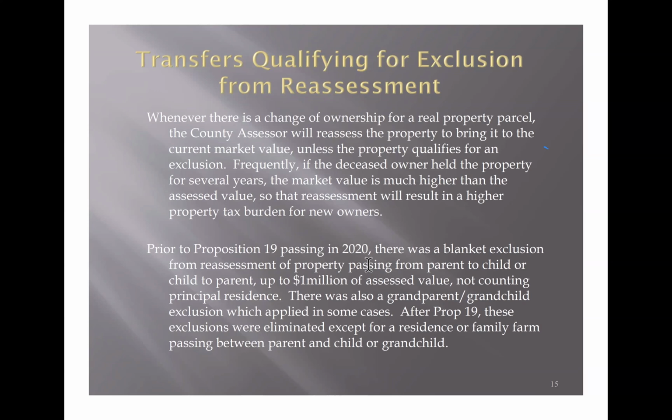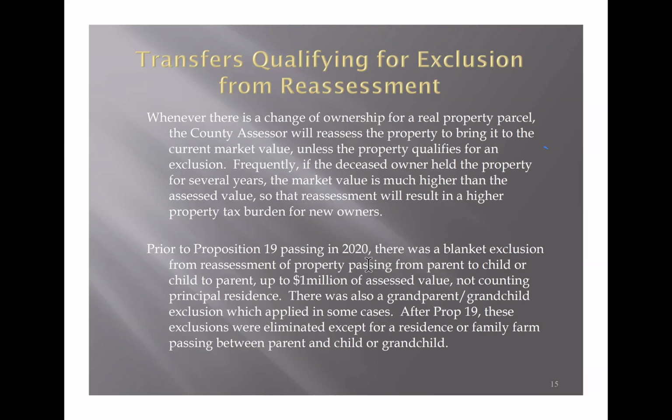The county's prevented from raising it more than 2% a year, no matter what the actual rate of inflation or appreciation has been. So generally speaking, if people qualify for an exclusion from reassessment, they'll want to get it because then they will get to pay a lower amount of real property taxes.